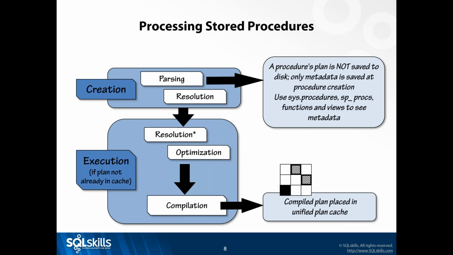By evaluating those specific parameters, it will optimize for them and come up with a plan for those parameters. That is the plan that goes in the cache and is used by subsequent users. If subsequent users execute very similar parameters that would benefit from that plan, that's great. But there are cases when that's not the case.